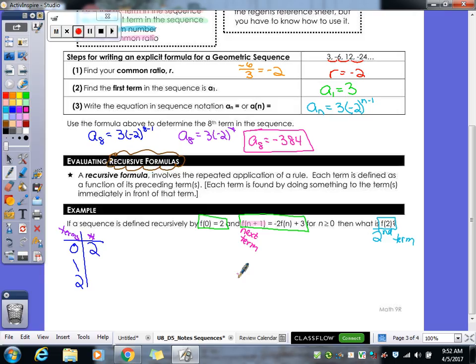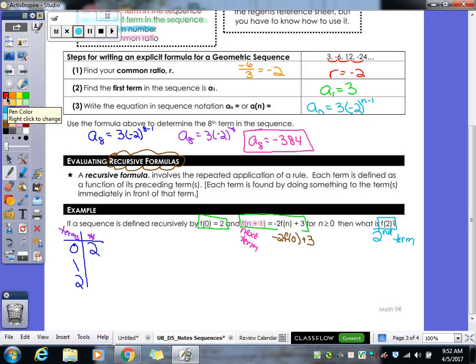So to do that, what they're telling us to do is negative 2 times f of n, which would be f of 0, plus 3. So I know what my f of 0 is.